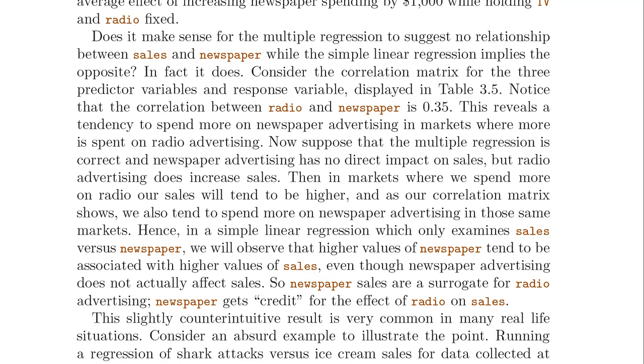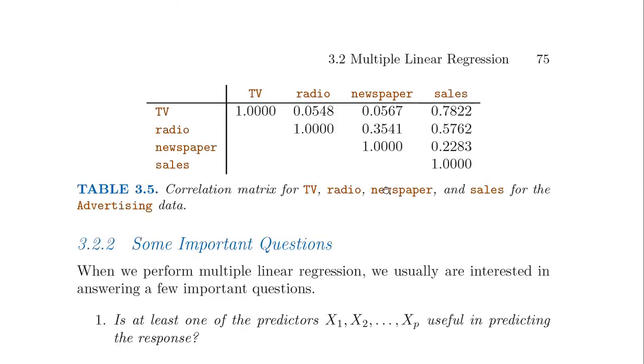I was meant to be presenting something on Solvency II, and this was an example from the audience. The hotter it is, the more ice cream sales there are. That kind of correlation. Notice that the correlation between radio and newspaper is 0.35. So this is the correlation matrix. It's just telling you.